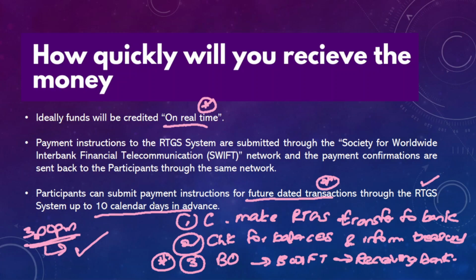Let's say you're making a transfer request today to the bank where the value date is within 10 calendar days from today, then yes, they could submit this request to the RTGS. But if it exceeds, no, it cannot be done via the RTGS platform.